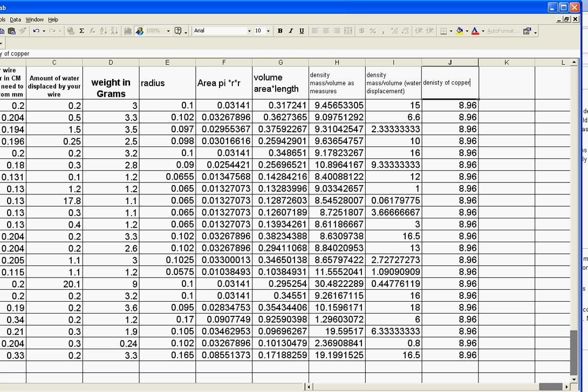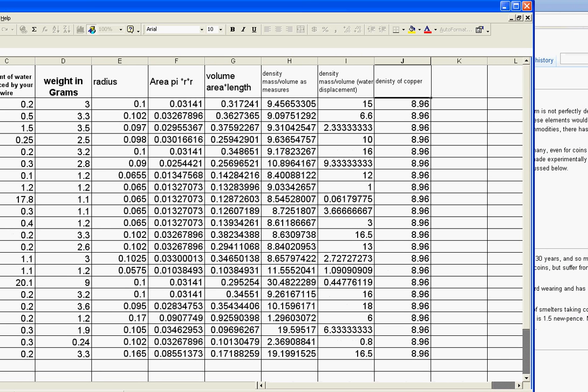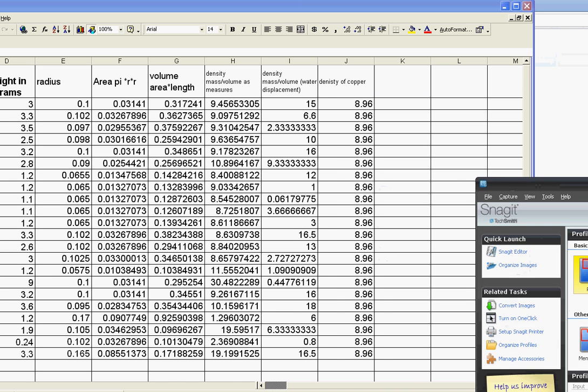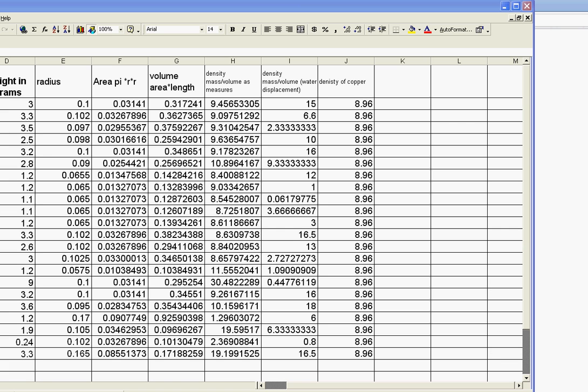Now, let's see if we can figure out our percent error. Okay, now what is percent error? Well, percent error is the actual amount minus what we calculated, and then multiply. Now what we're trying to do is figure out the percent error.